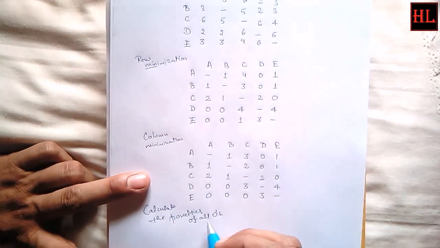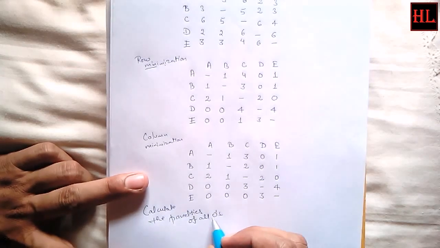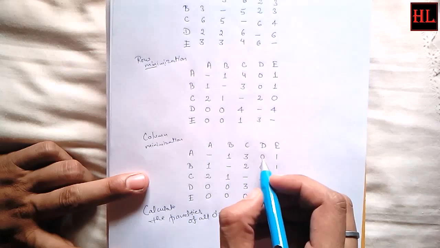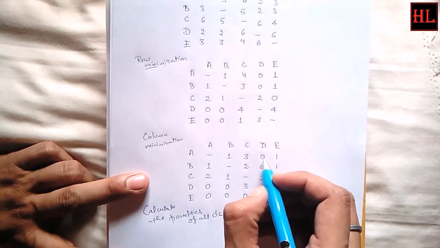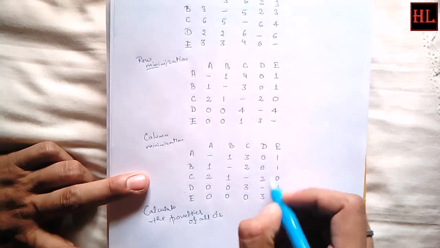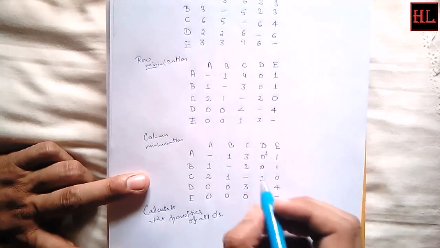To calculate the penalties of all zeros, we find the minimum element of the row and column of the corresponding zero and add them. Like for this zero the minimum element of its row is 1 and the minimum element of its column is 0, so 0 plus 1 is 1, so the penalty of this 0 is 1.